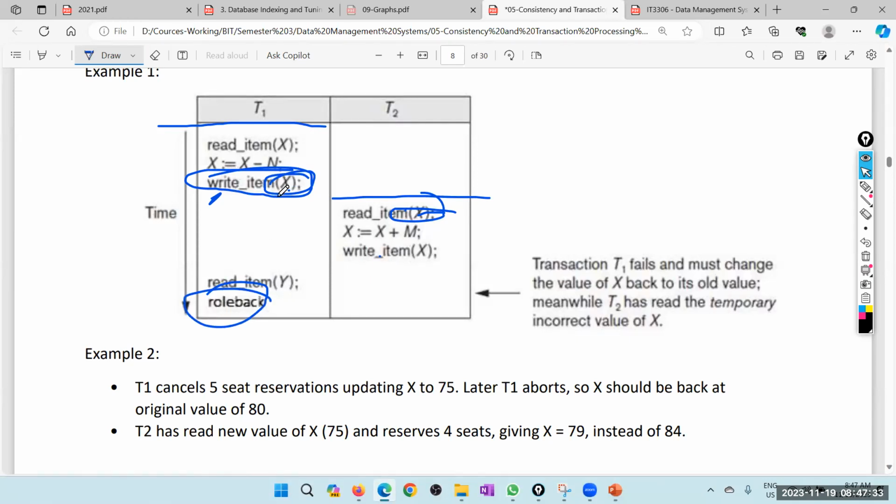So therefore, this X value is wrong, but that X value is the one that the second transaction read. So therefore, if this is rolled back, of course, this transaction is okay because it has rolled back, but now this transaction is wrong. If transaction 2 is committed, transaction 2 has done a wrong thing and it has committed. That is what write read or the dirty read issue is.